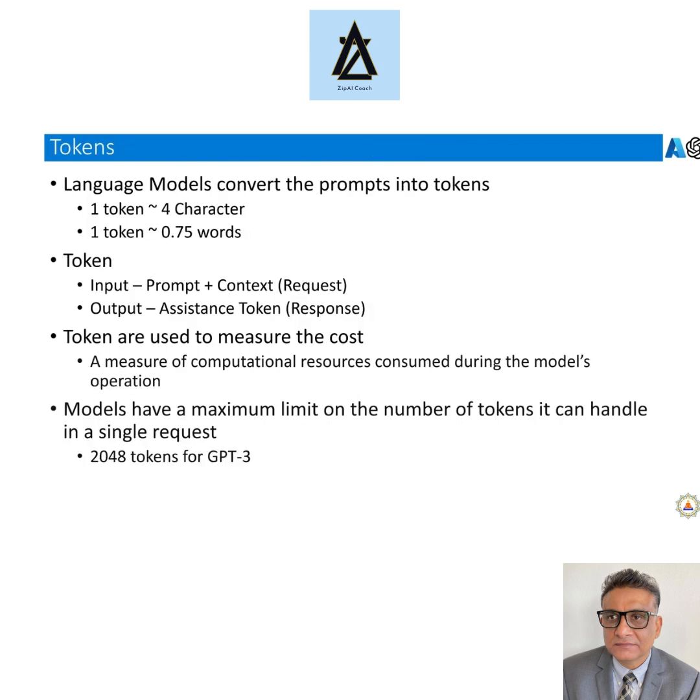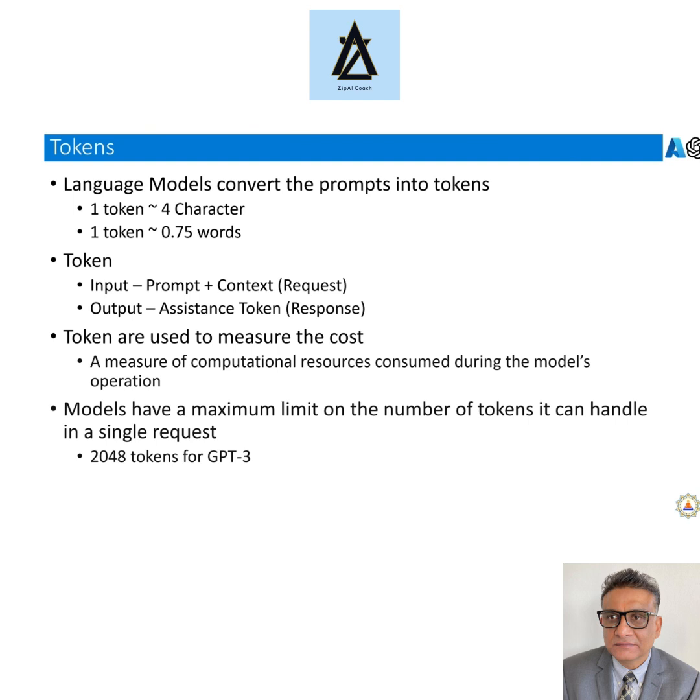Before we go there, I'd like to talk about tokens. Tokens are the input and the output that a model uses, and a token is around 4 characters. The token count is calculated for the prompt and context before the Gen AI model generates the response, and the response is also measured in tokens.